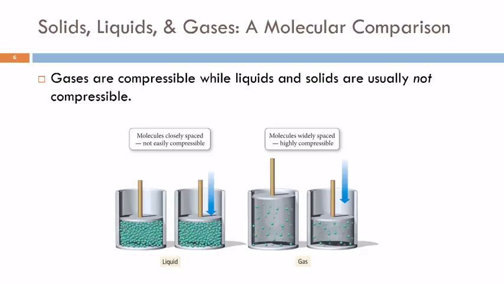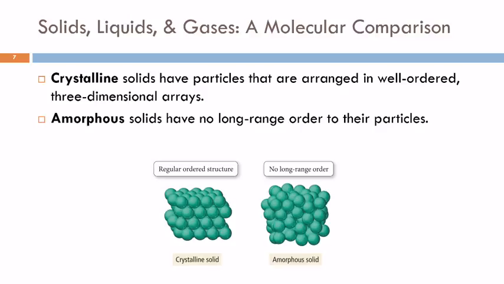Gases are compressible because of all that empty space between the particles. You can squeeze them closer together. Liquids and solids aren't compressible because the particles are already touchingly close. You can't squish them together anymore. Sometimes you can squish them a little bit, and that can be very useful.